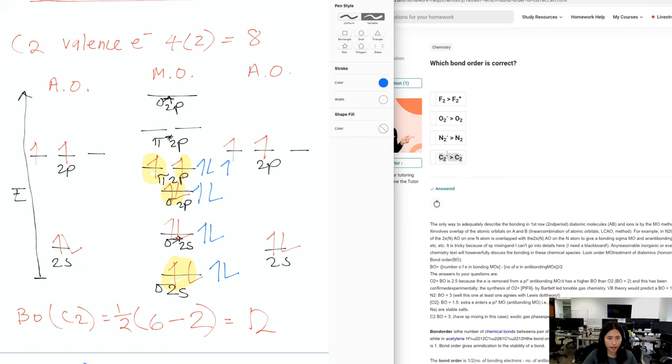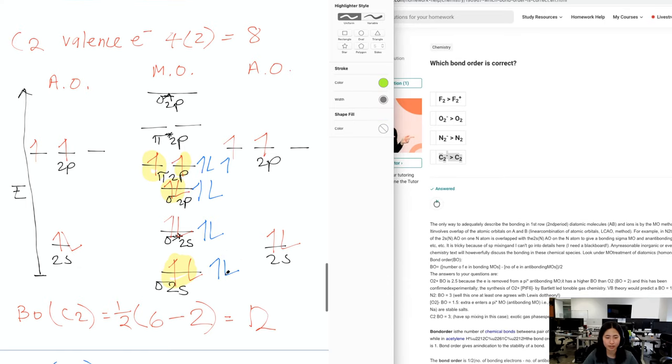And then you go ahead and count your number of electrons in your bonding orbital again. I think I've said so many times we need to count the number of electrons in your bonding orbital and anti, so hopefully this gets drilled into your head by now. So this is 2, and then you have 4.